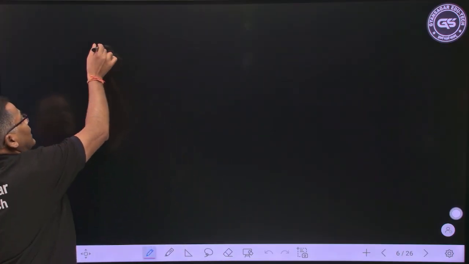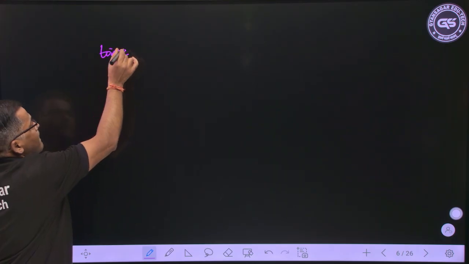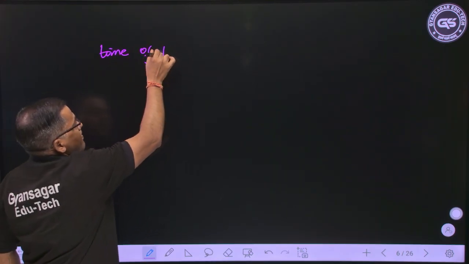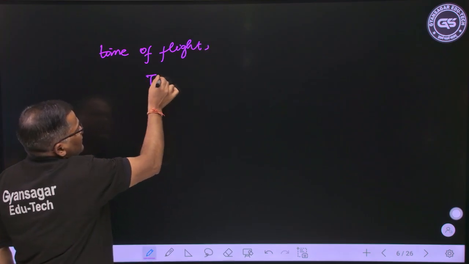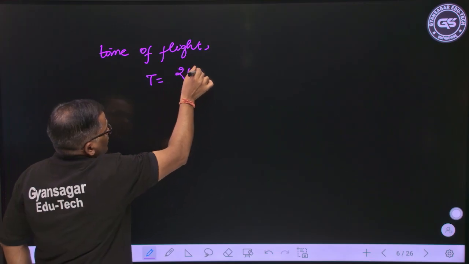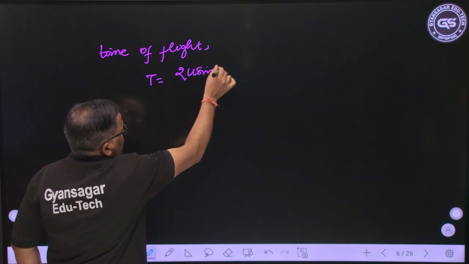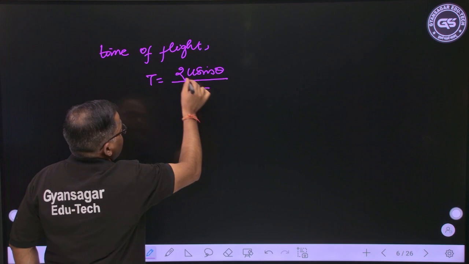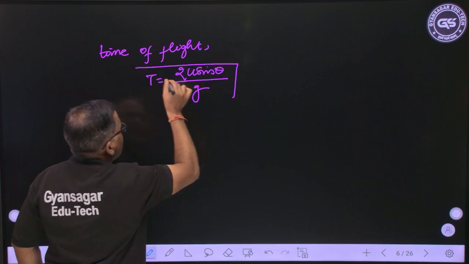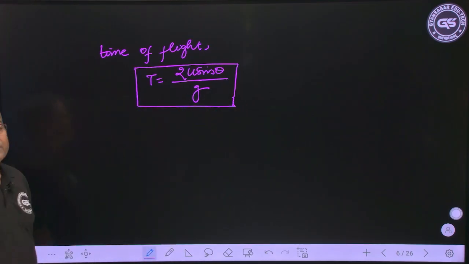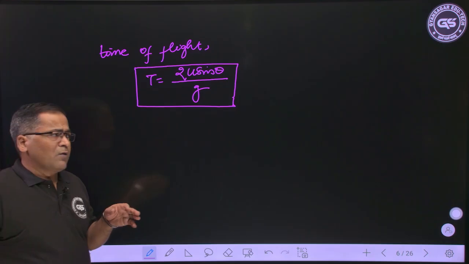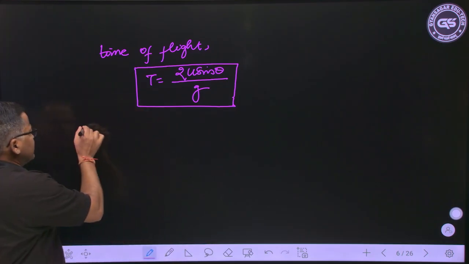Time of flight T equal to 2u sin theta by g. This is time of flight we have found out. Now we need to find out maximum height.